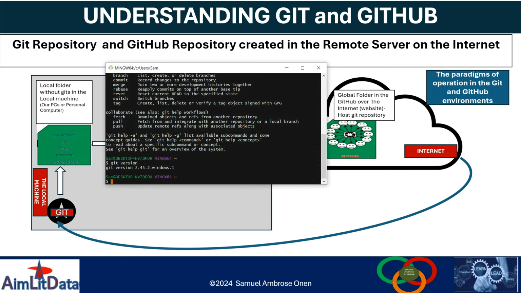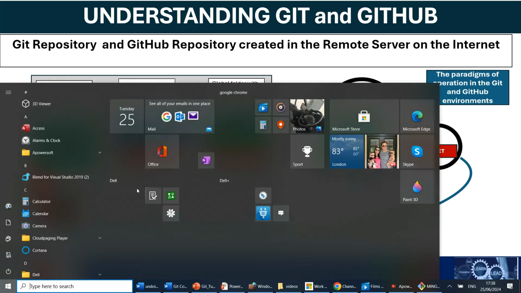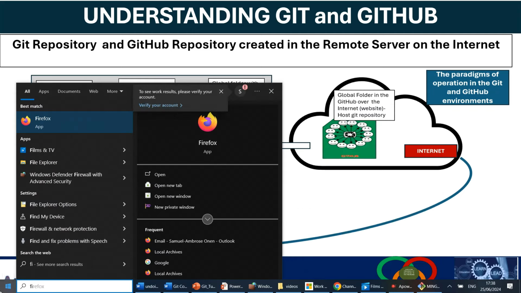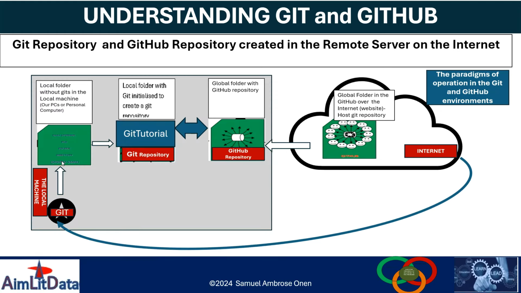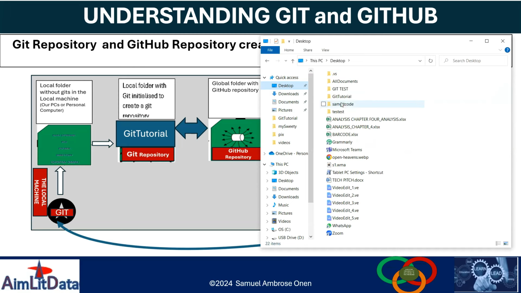To do that, we need to check the directory under which we have created that Git repository. So Git tutorial, we can start by checking it from the File Explorer. File Explorer is right there, my friend. When we click on it, we go to the desktop, and you can see Git tutorial is sitting there on our desktop.